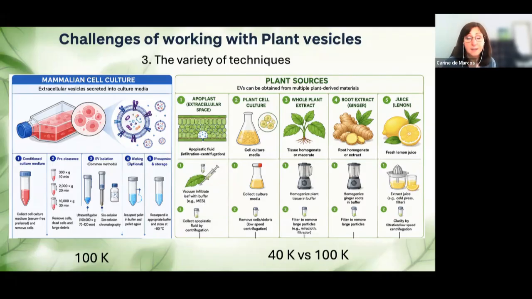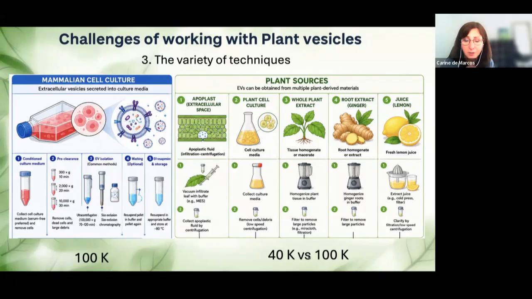And on top of that, in the field, we also have historically EVs that have been separated at 40K instead of 100K. Although the mammalian field currently uses 100,000 G all the time, sorry, not kg.